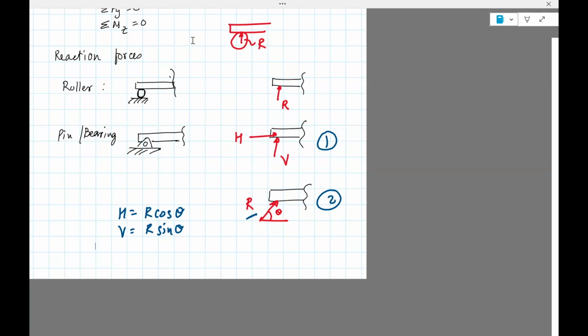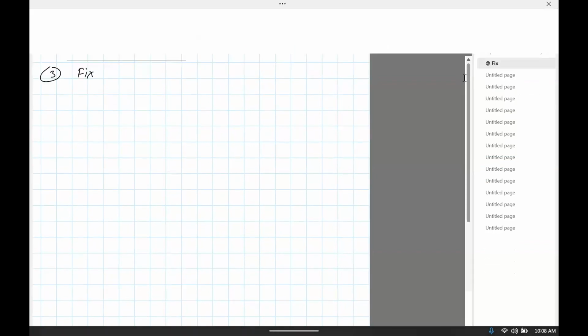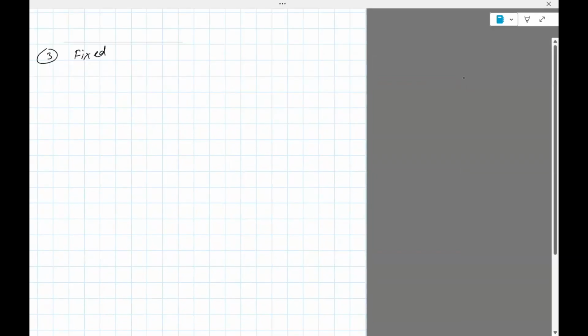There's a third kind, a fixed support. So this will be a fixed support. Here it's actually sort of entrenched into the wall or ground.